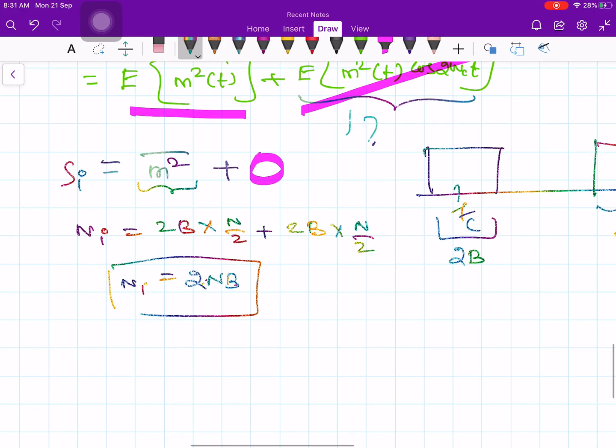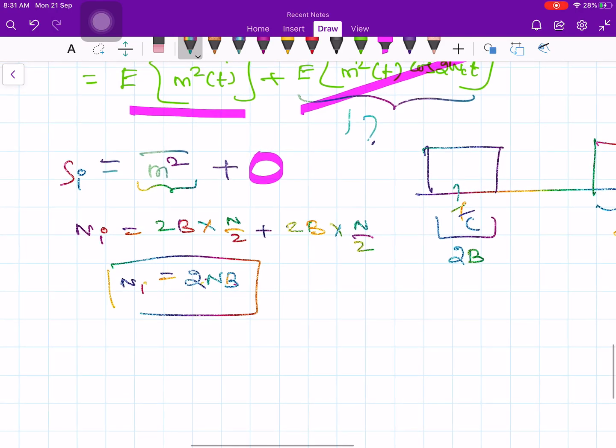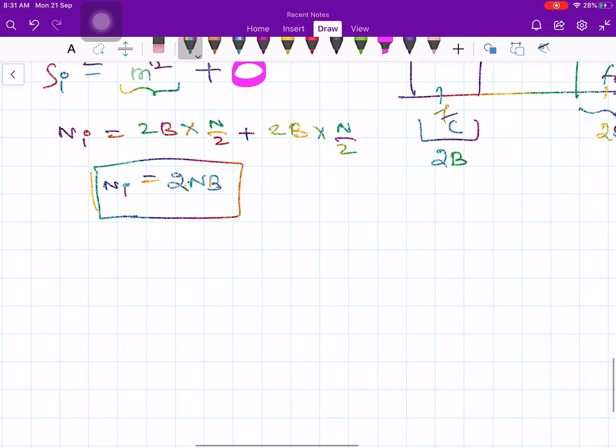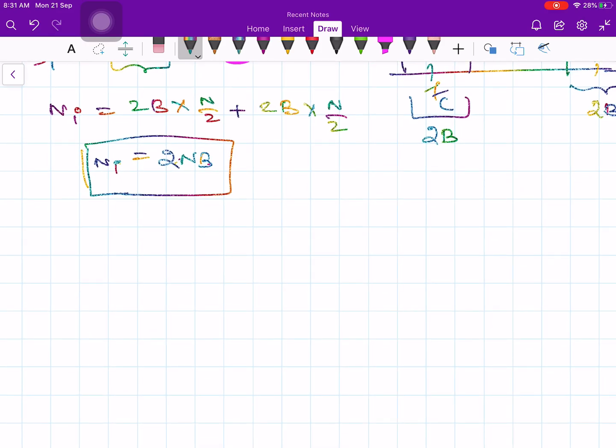This Ni is the input noise power, as far as the input to the demodulator is concerned. Now what will be the output of the demodulator? You are giving Yi to the demodulator.